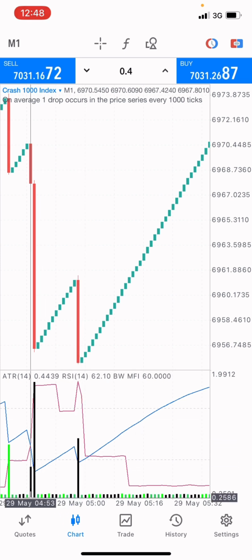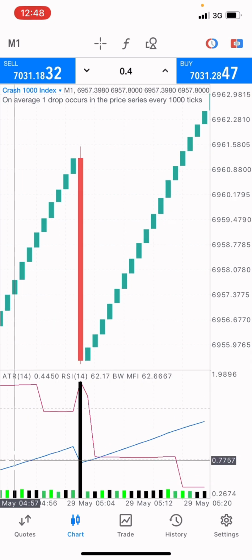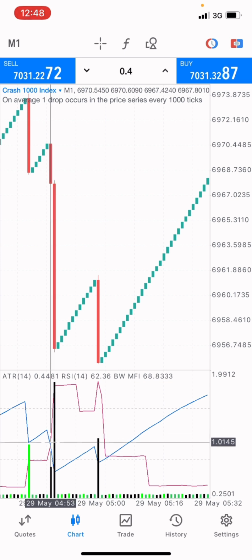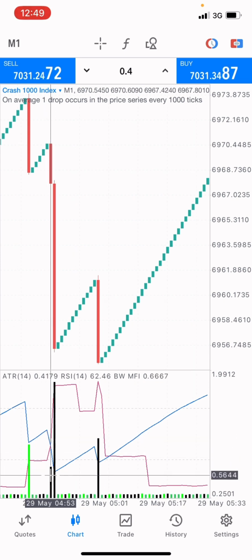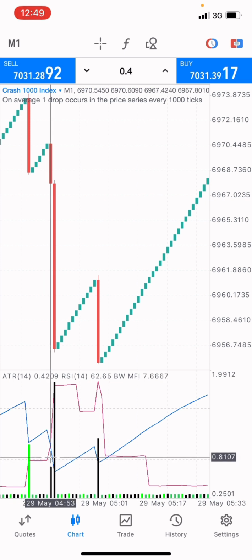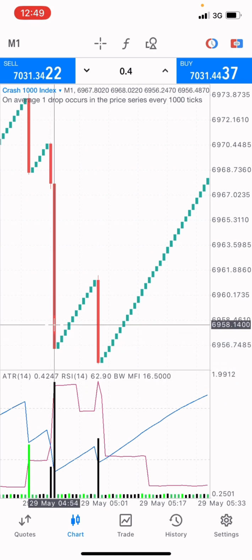This black line right here, there's a spike. And this blue line, when it crosses the red line, when the blue line goes down and the red line goes up, when they cross each other between these points, you see there is a spike.